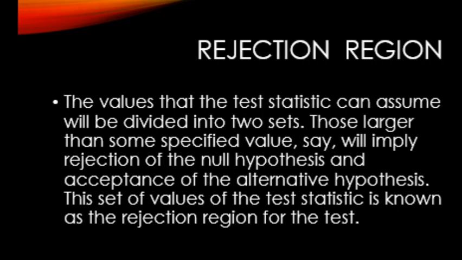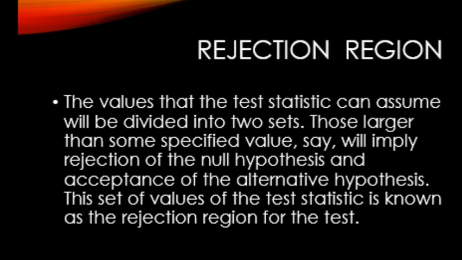Let's say for the mean, the point estimate is x bar, just like a confidence interval. And then we use the distribution of this x bar, which is normally distributed, and we can divide that distribution into 2 parts, or 2 sets of values.